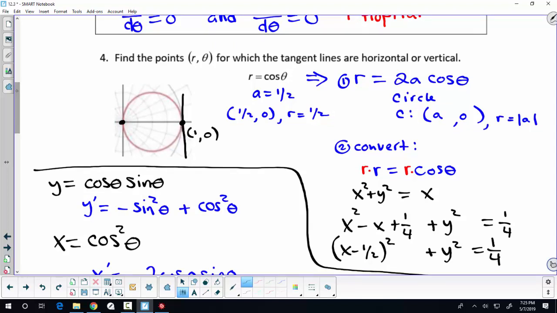Vertical tangent at the pole, 0 comma 2 pi, vertical tangent. Have any questions on that?